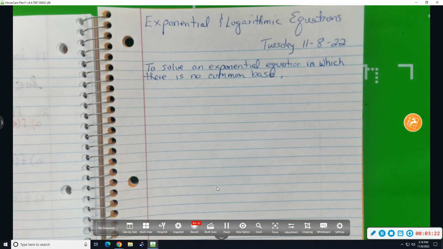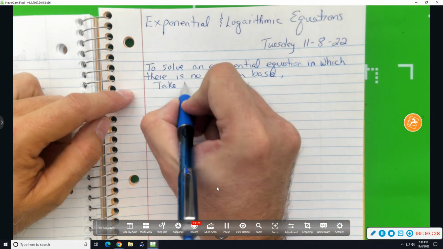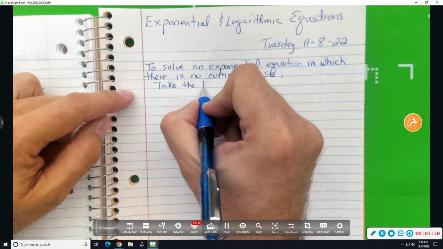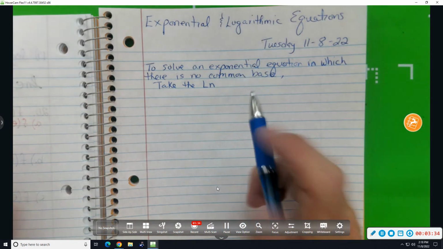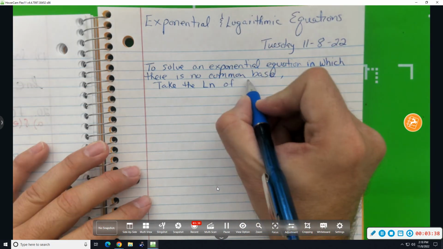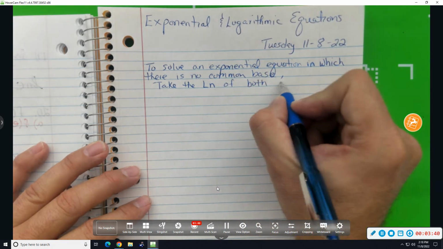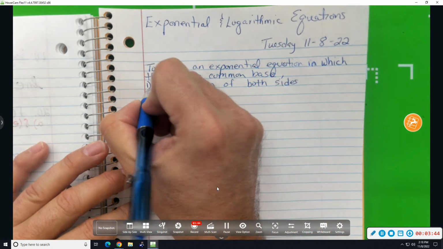To solve an exponential equation in which there's no common base, take, I'm going to write it with a capital L, although you would never type that on Pearson, take the natural logarithm of both sides. That's the first thing you do.